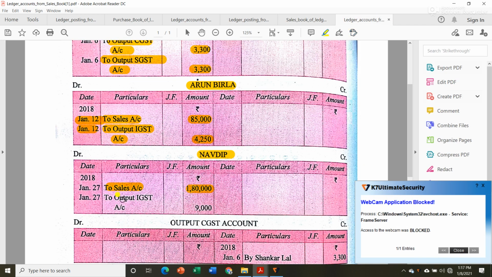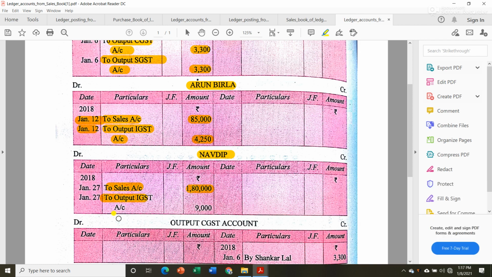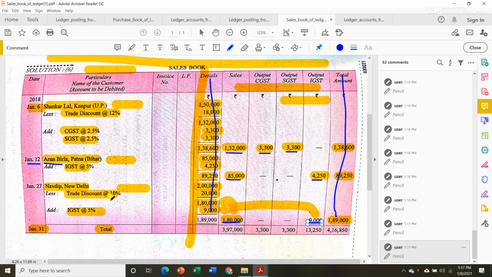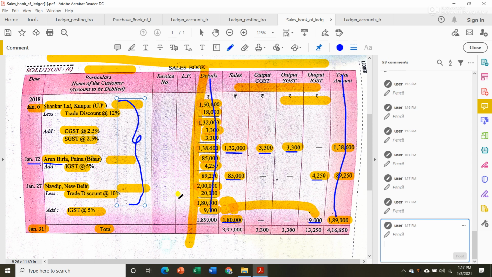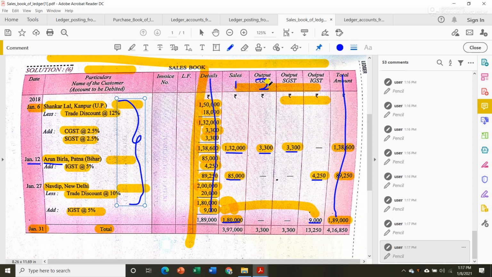So we will write 'To Output IGST Account' 9,000. Then finish. Okay, we have completed these three parties' posting in the ledger. Now let us focus on these remaining four columns. Now for this sales column we will see at last.